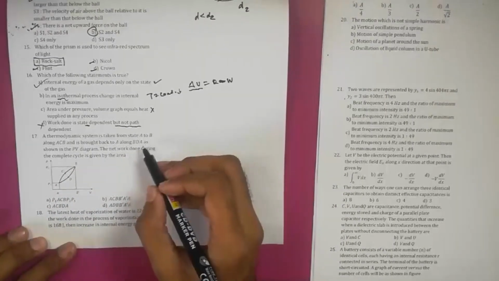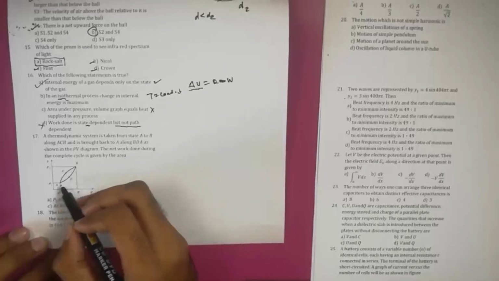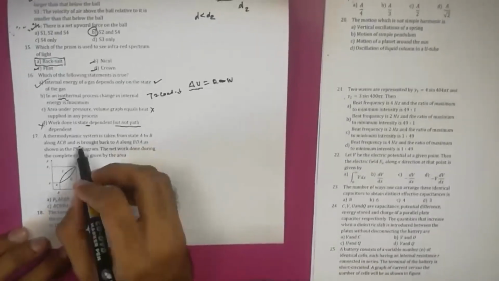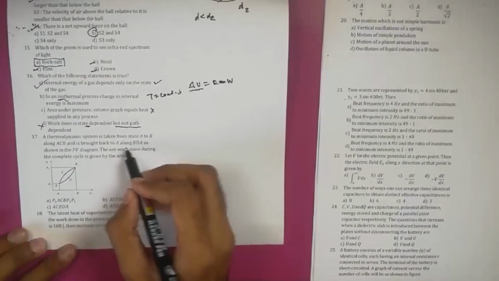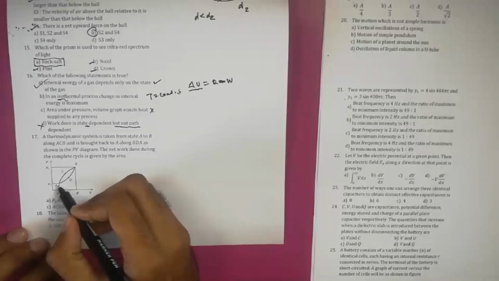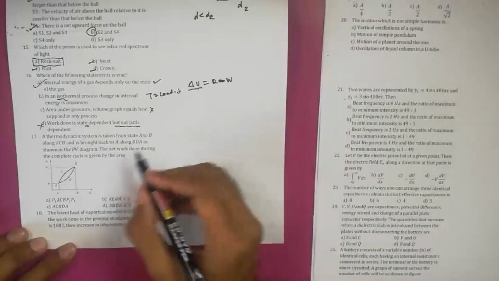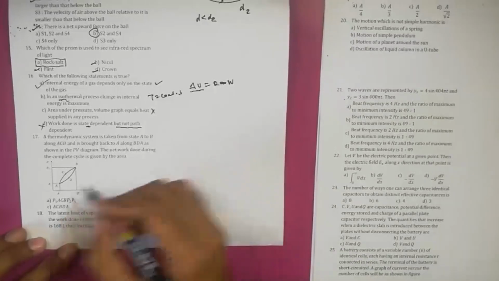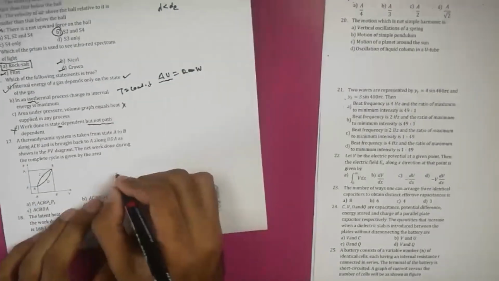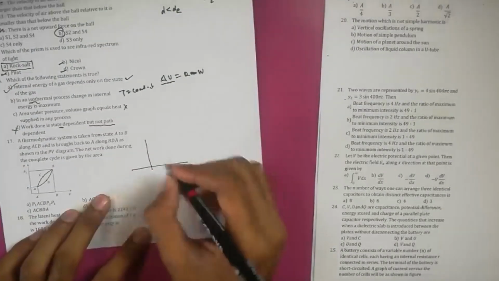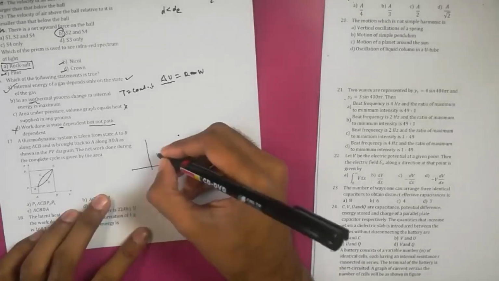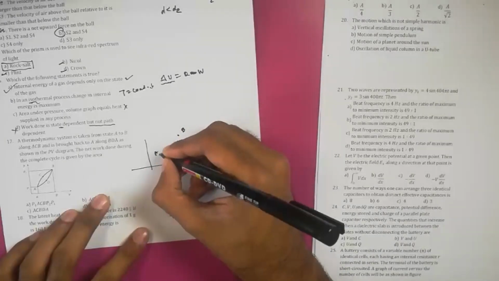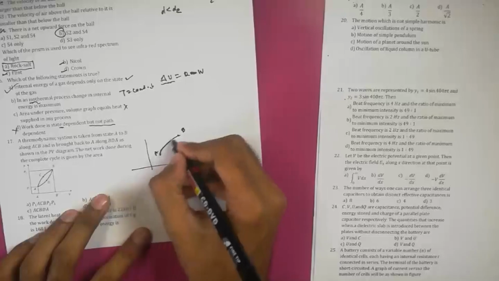Now we already know, first the point is going from A to point B using this particular curve. That means the total work done is given by this area, right? But in the next term, it is coming back, so the work done in this case will be the area under this curve.